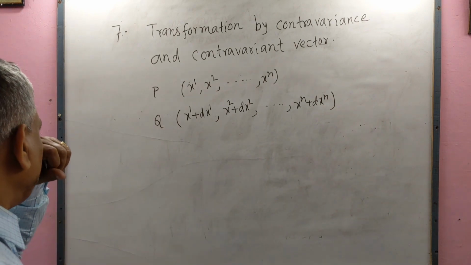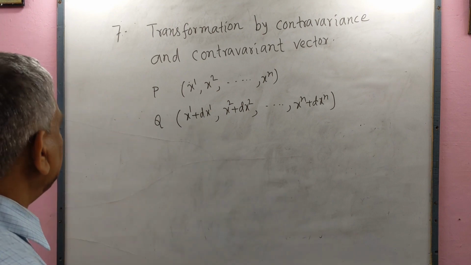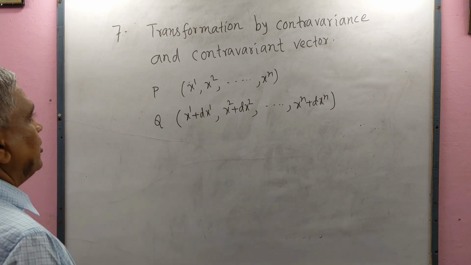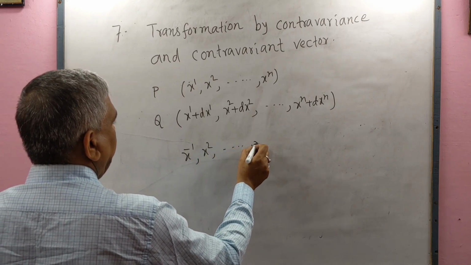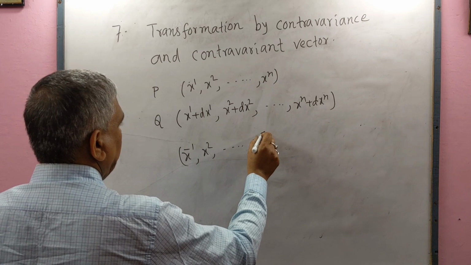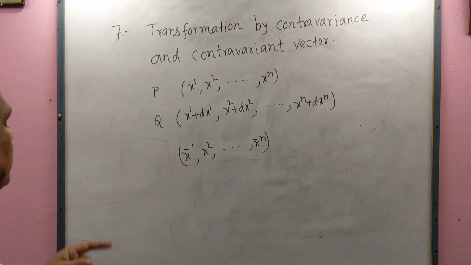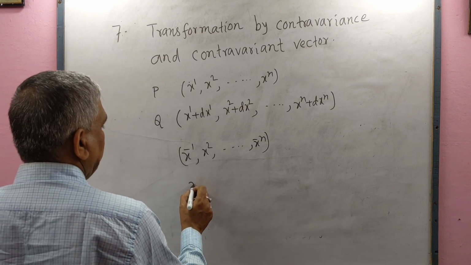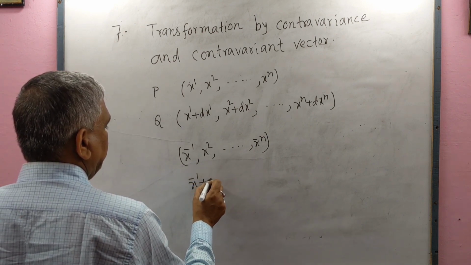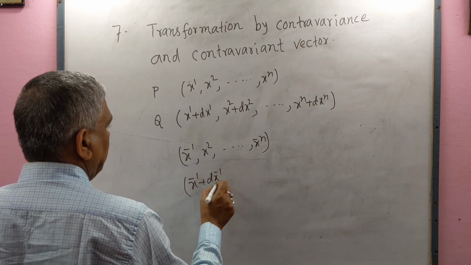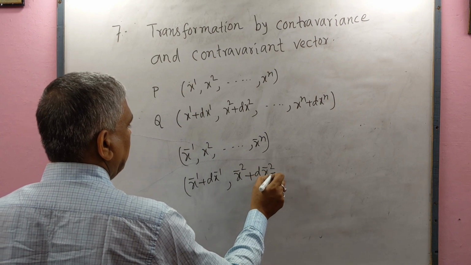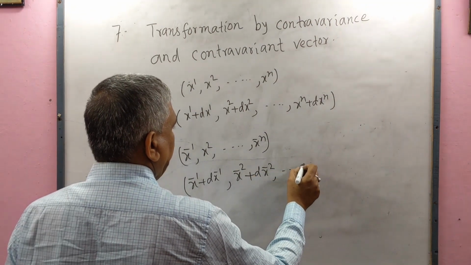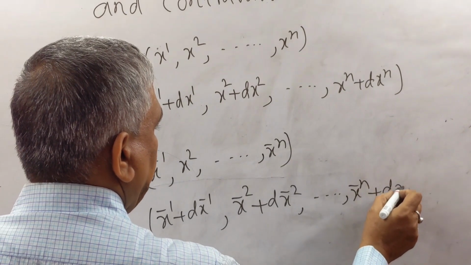In the x bar system of coordinates, the coordinates of the point P are x bar 1, x bar 2, ..., x bar n. The coordinates of the point Q in the x bar system be x bar 1 plus dx bar 1, x bar 2 plus dx bar 2, ..., x bar n plus dx bar n.